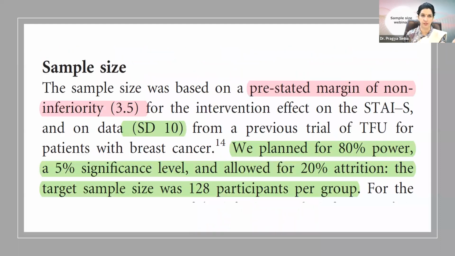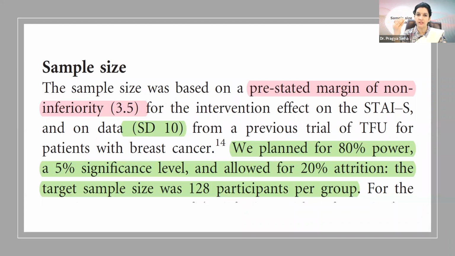So the sample size was based on the pre-stated margin of non-inferiority, that is 3.5. This is again a continuous outcome because it is measured on a score. So this 3.5 non-inferiority means that a higher score means high morbidity, that means high anxiety.